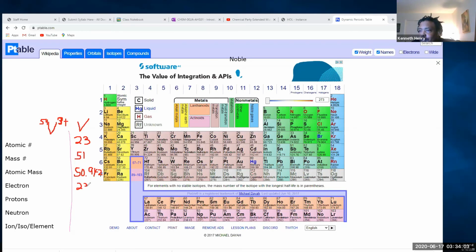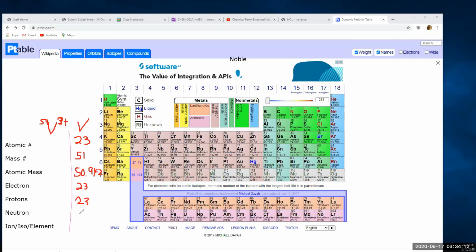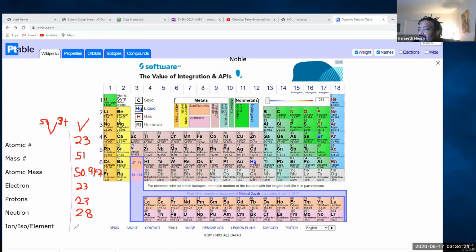Number of protons: 23. Number of neutrons: 51 minus 23, so it'd be 28. Yep. Is this an ion, isotope, or an element? Element.